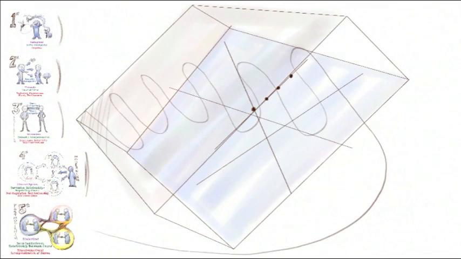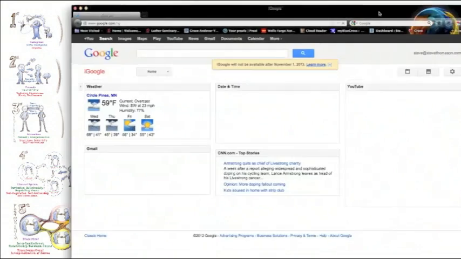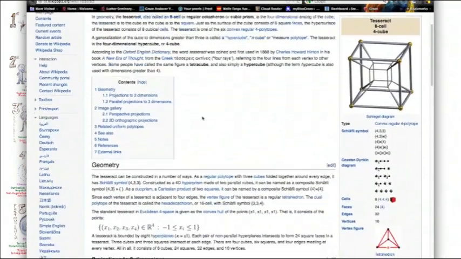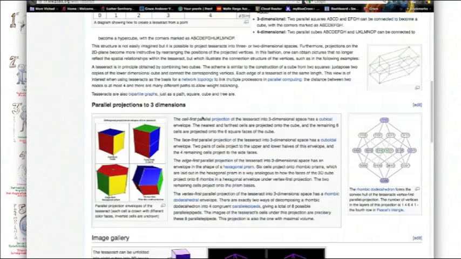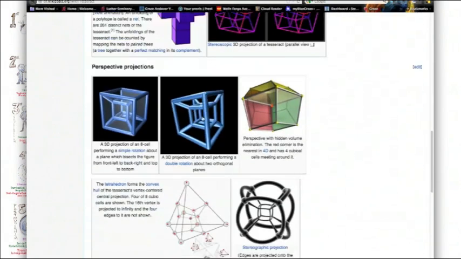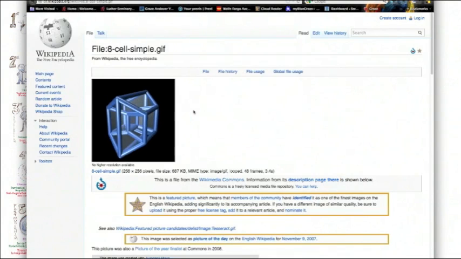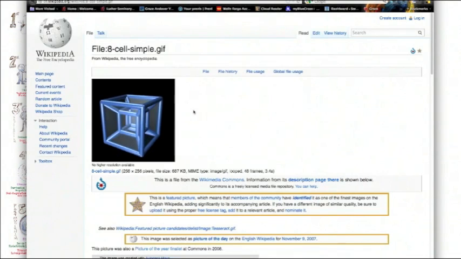And I was trying to figure out what is fifth order consciousness, and I was talking to my son about it, and he said, it's kind of like a tesseract. So we went online, and let's look up what a tesseract is. And you'll see that a tesseract is something that's beyond three dimensions, where these three-dimensional objects are actually interwoven and interpenetrating each other.